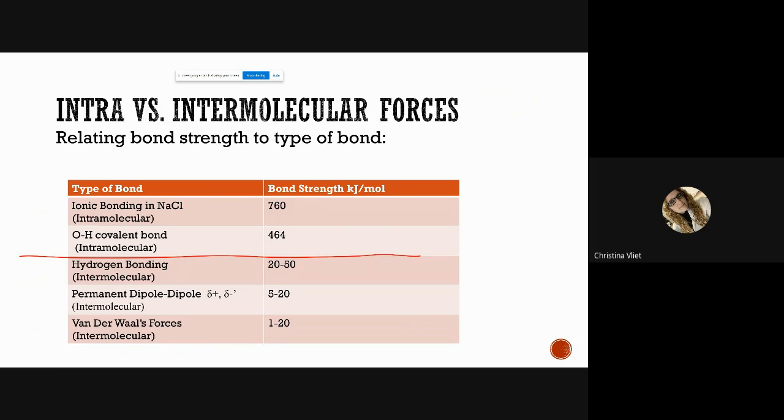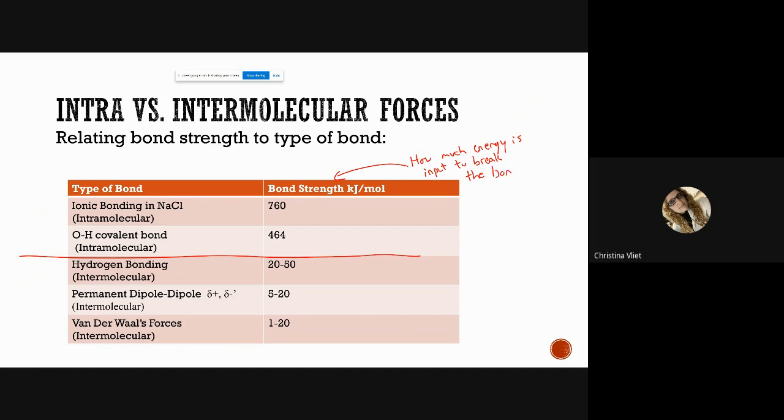So what is this energy measuring? It says 760 kilojoules per mole of it. What do you think that measures? How strong of what? How much energy is required to do what? Yeah, it's how much energy needs to be input to break the bond.